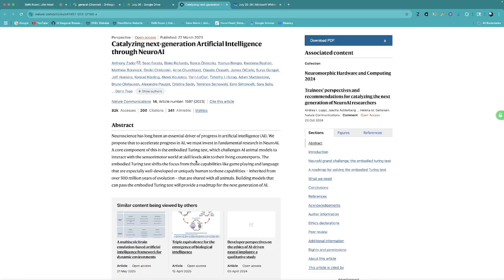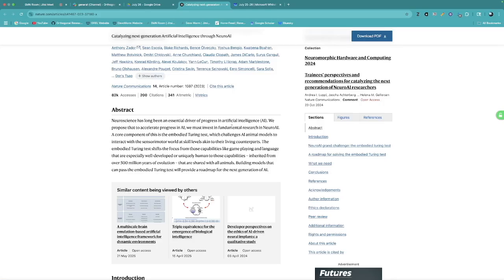When they talk about a Turing test, it shifts the focus of these capabilities from those capabilities of game playing and language that are especially well developed or uniquely human to those capabilities inherited from over 500 million years of evolution. Building models that can pass the embodied Turing test will provide a roadmap for the next generation of AI.